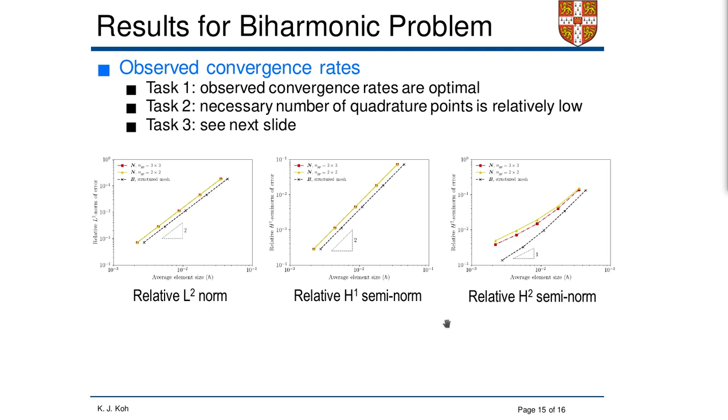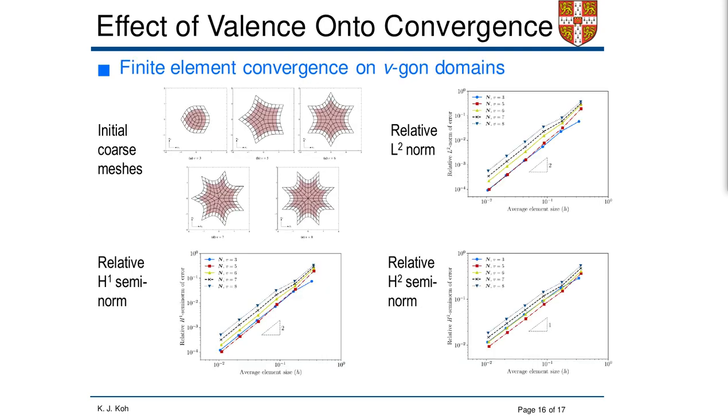Intuitively, this is because the wave functions are assembled from B-splines, which are of relatively low order. We have also studied the finite element convergence for valences up to 8, as shown here. What we have found is that the convergence rates are still optimal using the SB-splines, but with a higher valence, the convergence constant increases, as shown in all these convergence plots here.